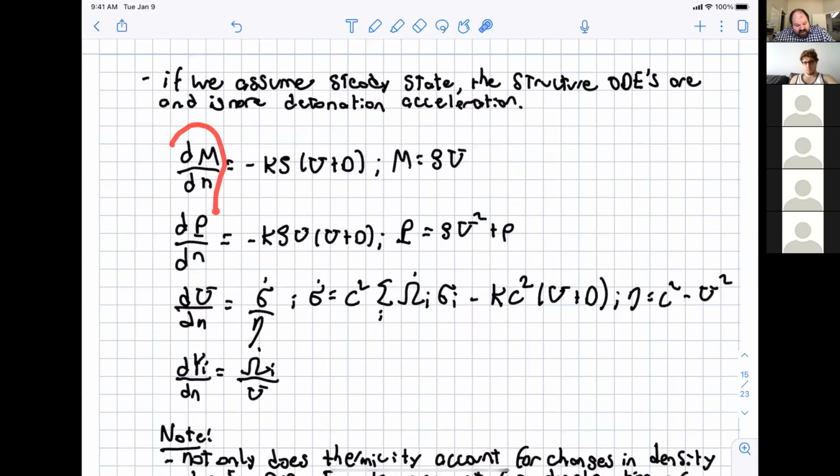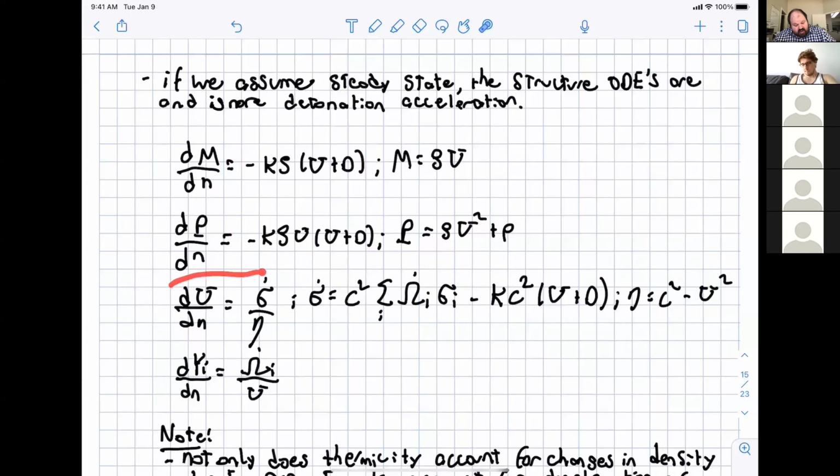We actually have very similar equations to what we had before. We have conservation of mass right here. I just moved the curvature term to the right-hand side. We have conservation of momentum. I just moved the curvature term to the right-hand side. And we're assuming no shock acceleration and steady state conditions, so basically all the time derivative terms get canceled out.